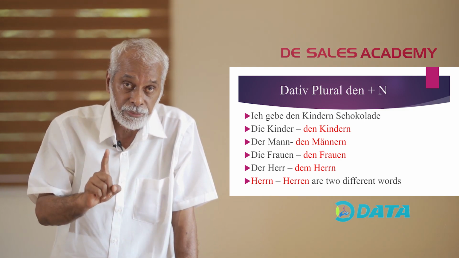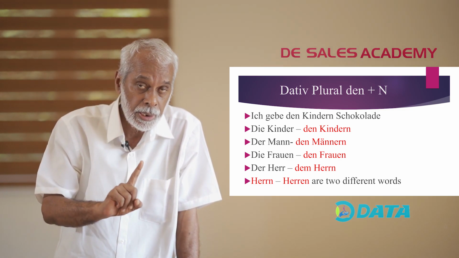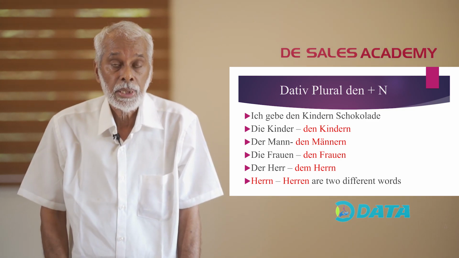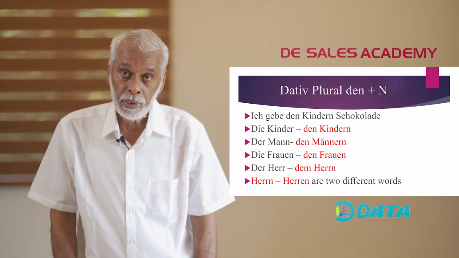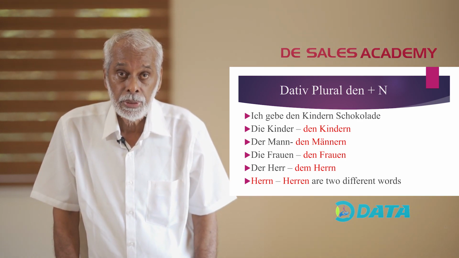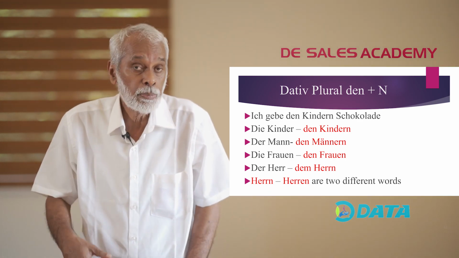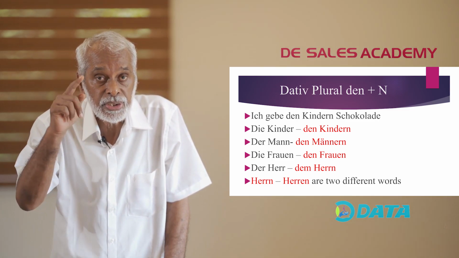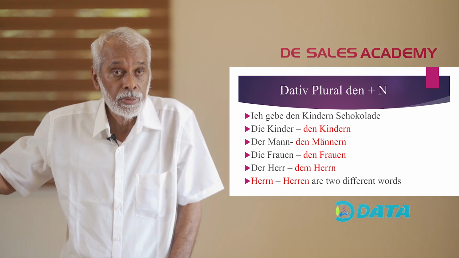So die Kinder will become den Kindern. Similarly, die Männer will become den Männern. Die Frauen is the plural of die Frau, but already in the plural there is an en at the end.